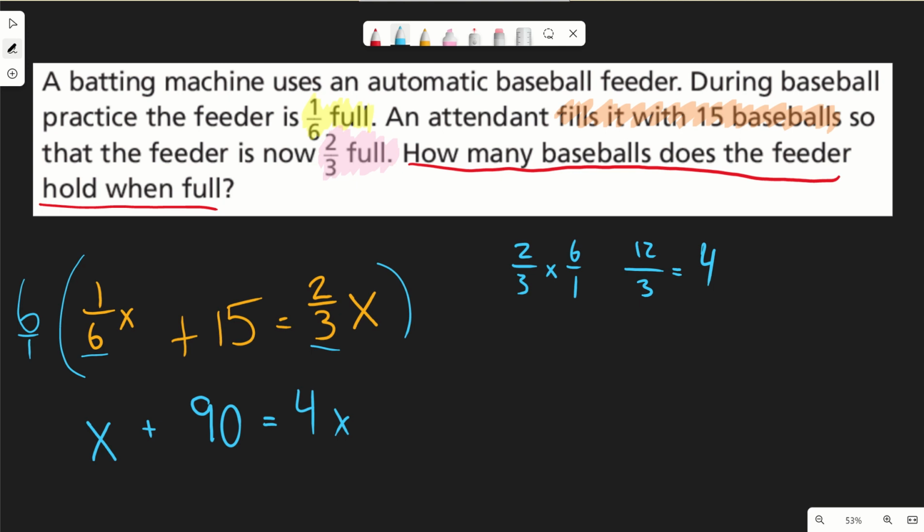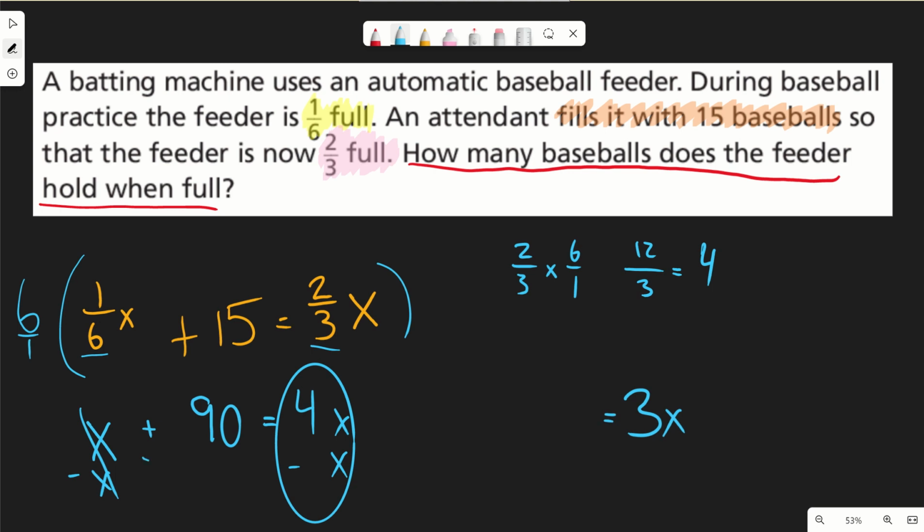Now we want to solve for x, and here we have variables on both sides. When we have variables on both sides, we want to get all the variables on one side. We're going to subtract x from this side and subtract x from this side. Now, if we have 4 x's and we get rid of one of our x's, we're left with 3 x's.